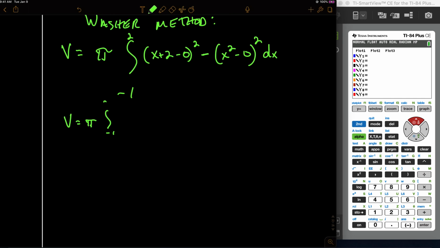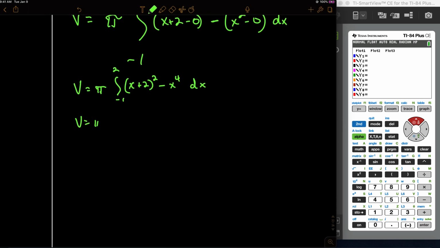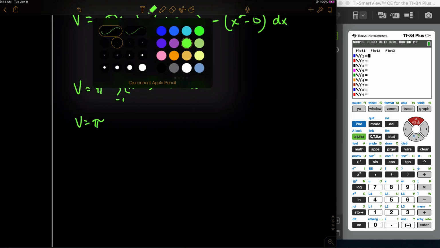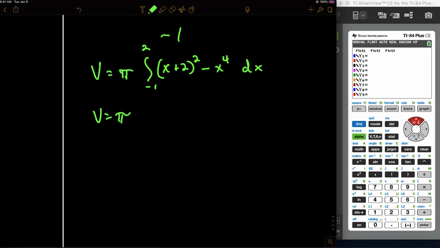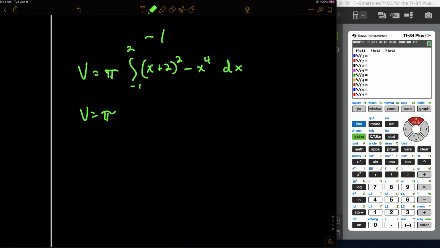So from -1 to 2, let's simplify. We've got x plus 2 squared minus x to the 4th dx. Pi times the integral from -1 to 2. We've got to multiply this out. It's probably the easiest way since it's only squared. So we've got x squared plus 4x plus 4 minus x to the 4th dx.